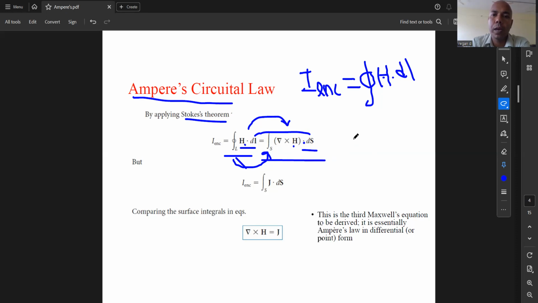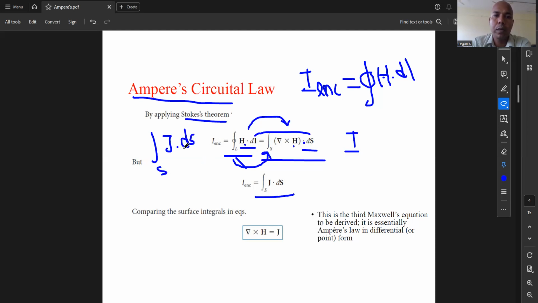Already we know the current. The current enclosed is equal to the current density J dot ds. So I enclosed is equal to the integral of J dot ds.